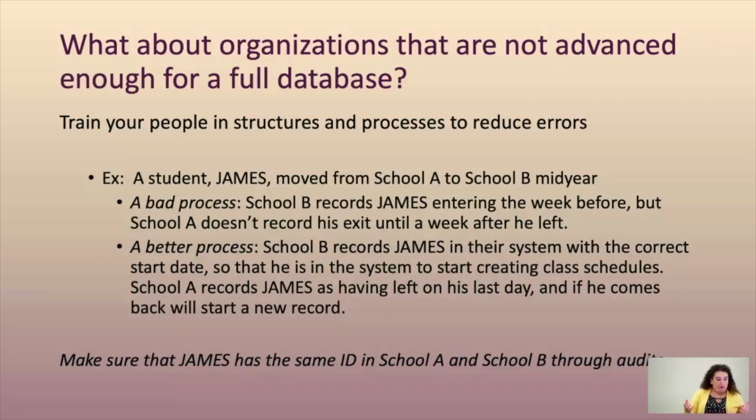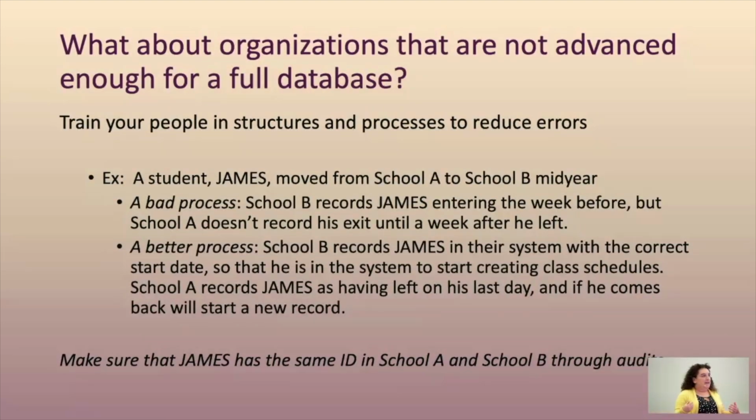An example: if we have a student who's moving from school A to school B, school A might be like, oh, we know that they're coming, so we're going to put them in as of a week early so we can get their work and their teachers set up for them, which makes sense. But school B is like, we don't want to guarantee they're leaving. Maybe they'll change their mind, and so they wait a week to exit them.